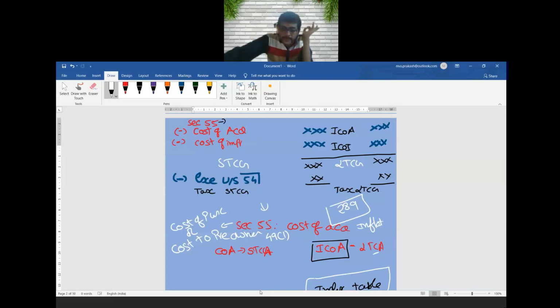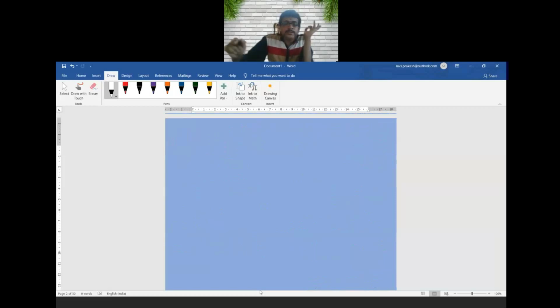But now we are going to discuss long term capital assets for which no indexation is to be provided.